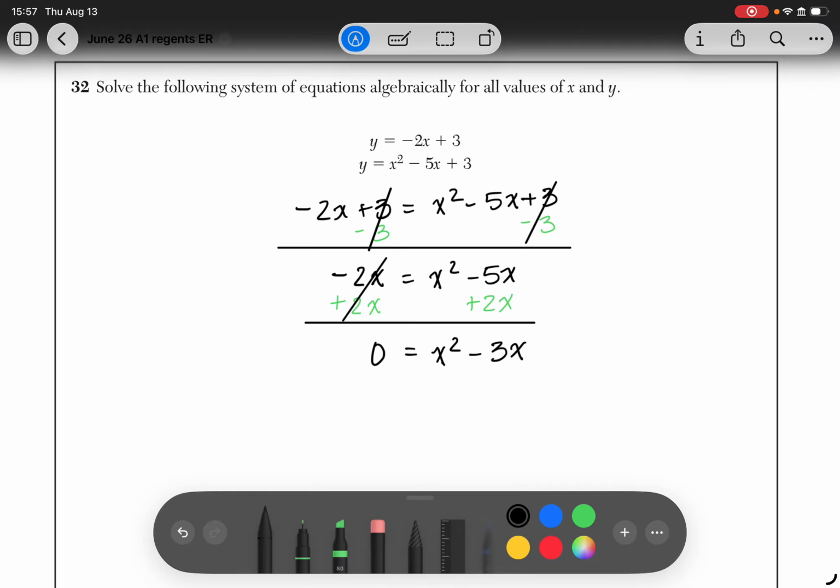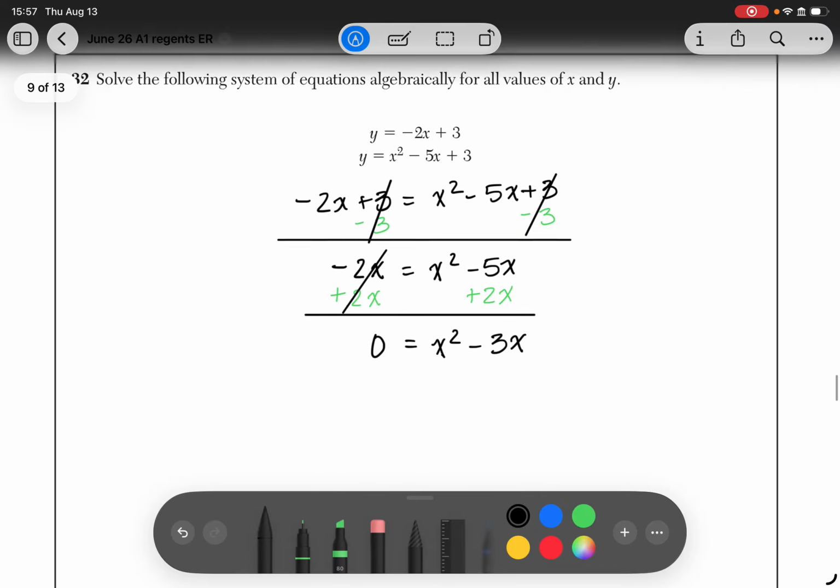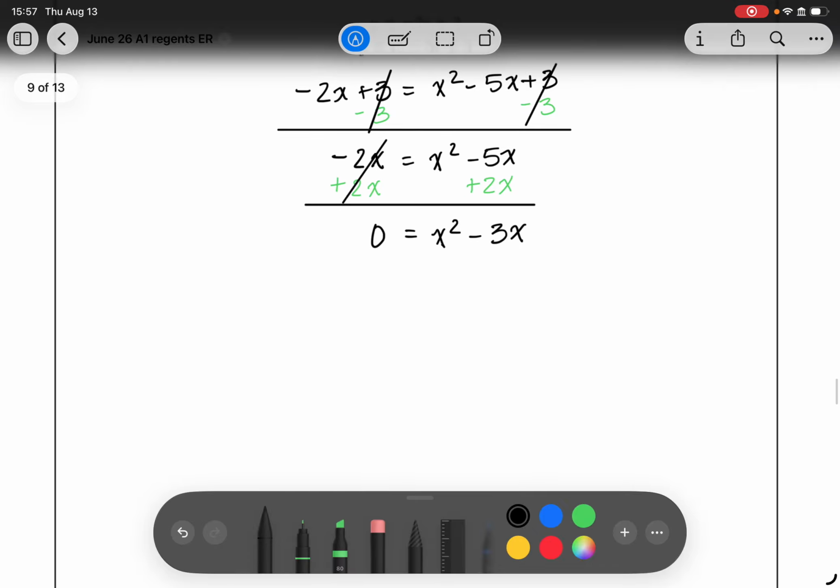This is where it gets a little bit doozy. So if you understand completing the square, the only value that can multiply together to get us negative 3 would be negative 1/2 or 1.5. So we will rewrite this as x minus 1.5 squared equals 0.